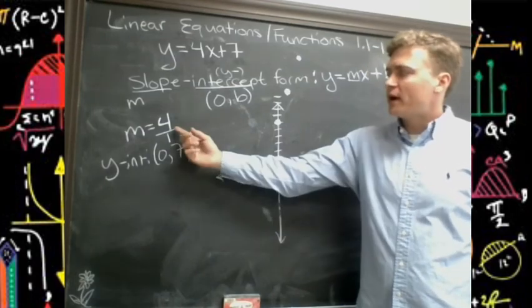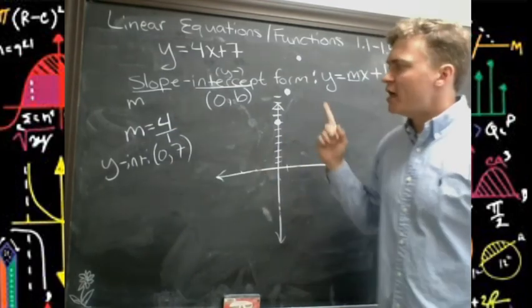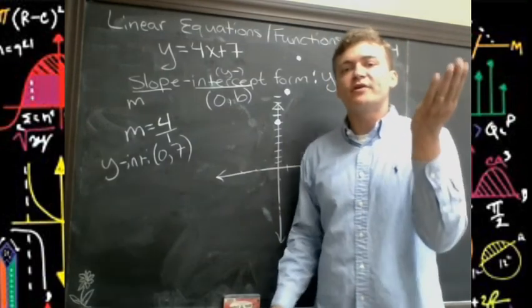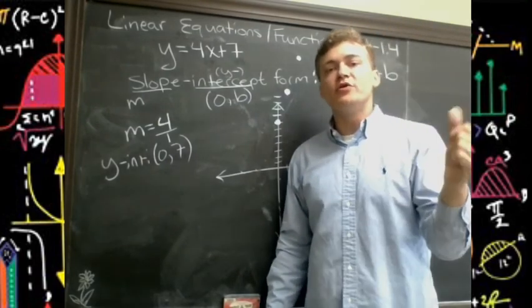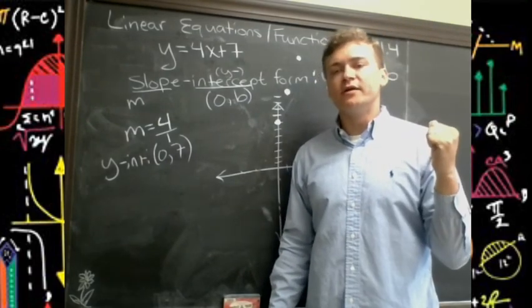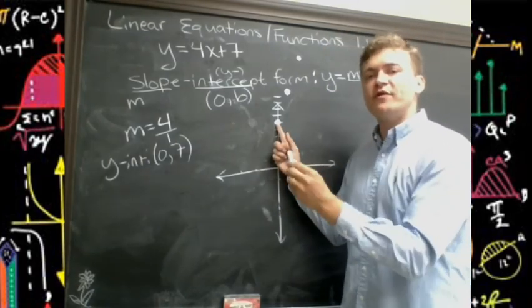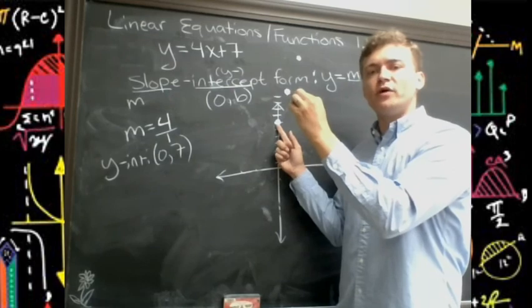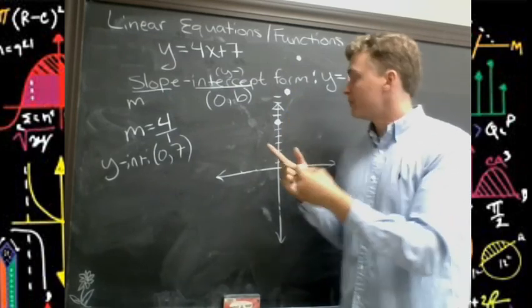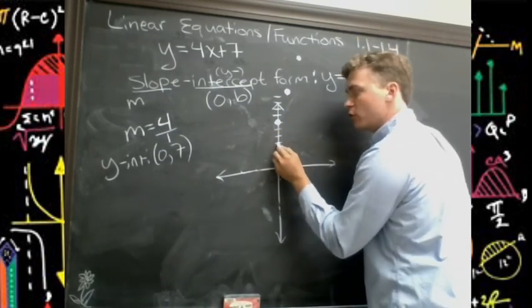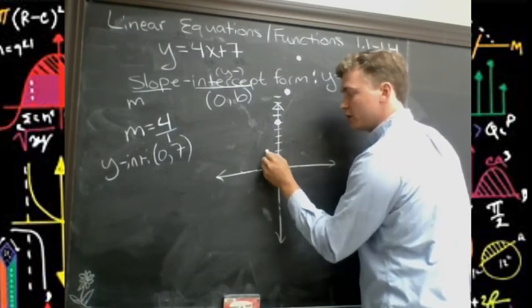So how could we go about this in the opposite direction? Well, if the slope tells us that we are increasing 4 units for every 1 unit we move horizontally, let's kind of backtrack that. How could we have gotten to here? If we move up 4 and to the right 1, let's reverse that path and now move down 4 and to the left 1.